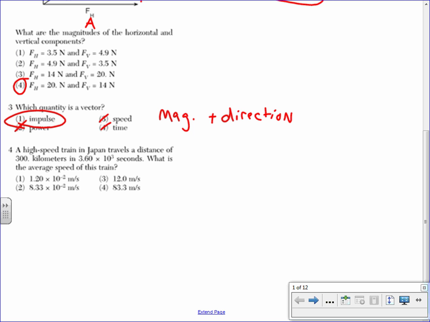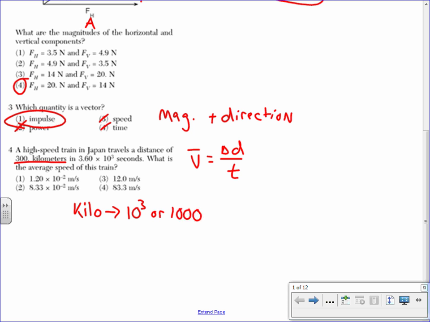Number 4, we have a high-speed train that travels a distance of 300 kilometers. We're trying to figure out the average speed. So we have average speed equals distance divided by time. Now we have a little bit of a conversion that we have to add here. We have 300 kilometers. So kilo in your reference tables gives you 10 to the third, or 1,000.